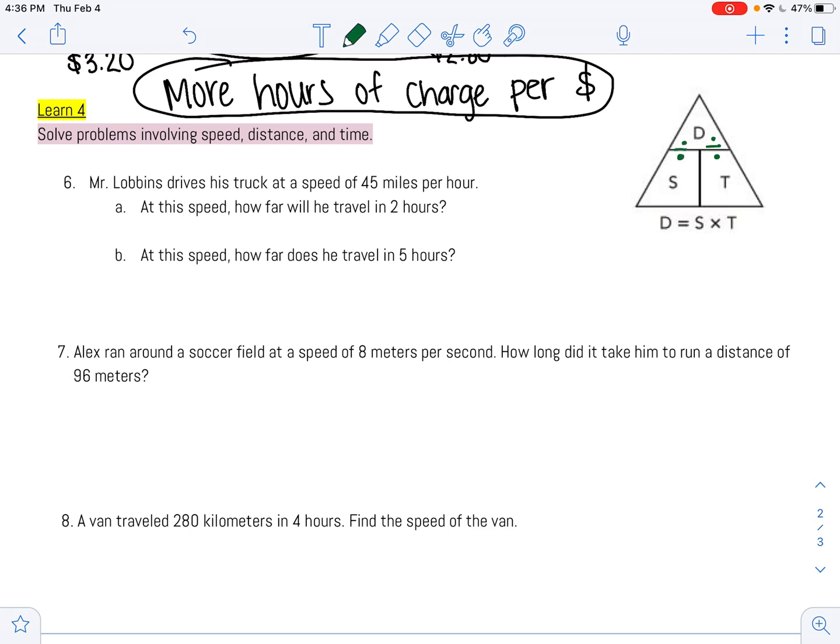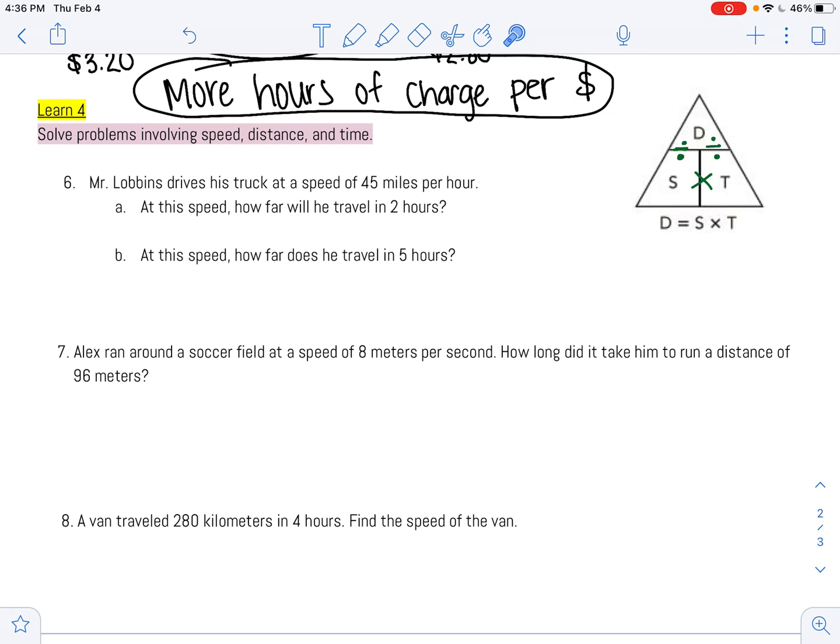I'm going to divide as well. If I'm solving for my distance, I'm going to take my speed times my time, which we can see here too, that if I didn't know my distance, I would take speed times time. Now these are just a bunch of symbols right now. As we look at problems 6, 7, and 8, this will make a little bit more sense of how we plug these into our formulas.